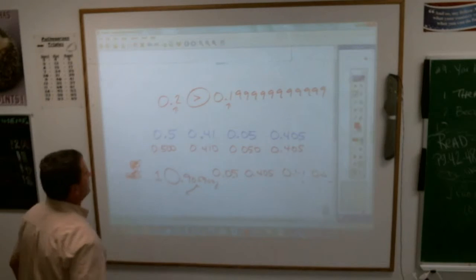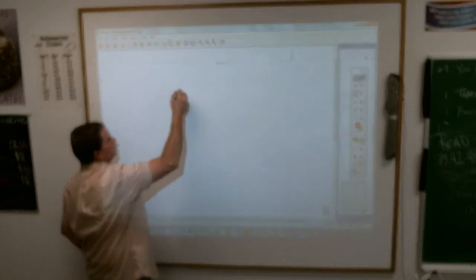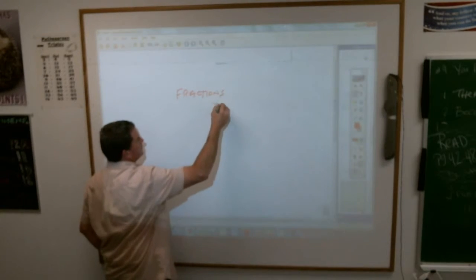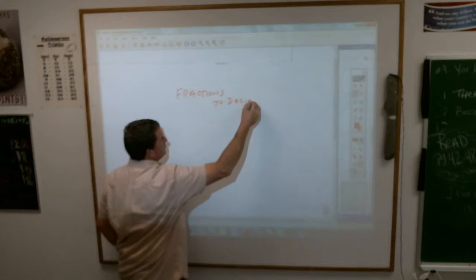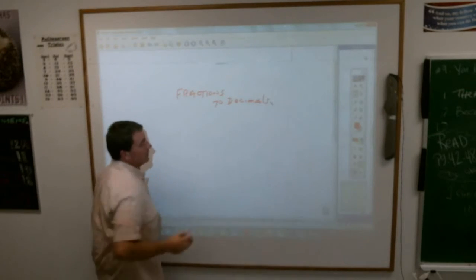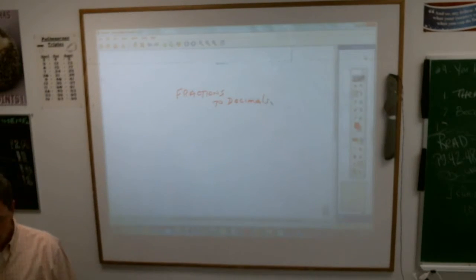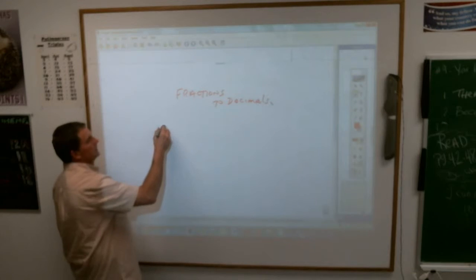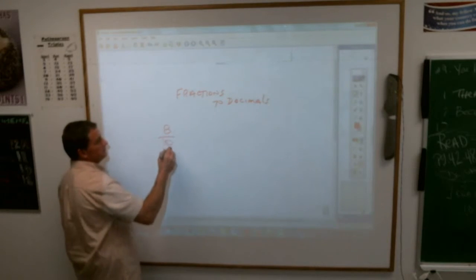Alright, how about this? How do you change fractions to decimals? You could put this under decimals. For example, this one, 8/10.